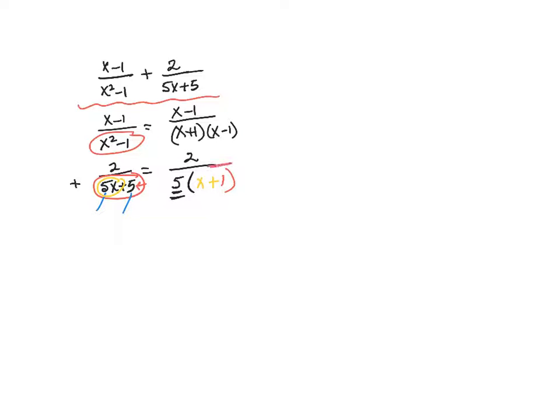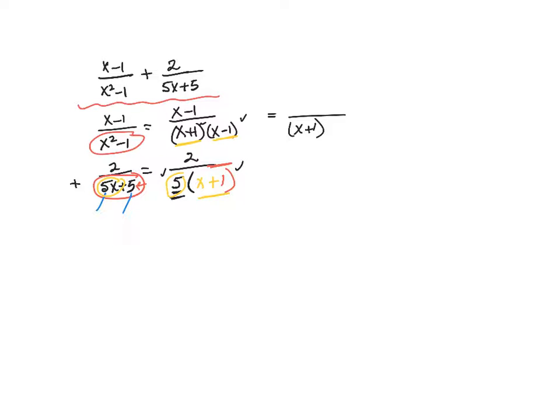Okay, so now let's take a look at what denominators I have. I have an x plus 1, an x minus 1, the number 5, and another x plus 1. So as I go about choosing my least common multiple of all 4 of these factors, I need to use the x plus 1 only one time.